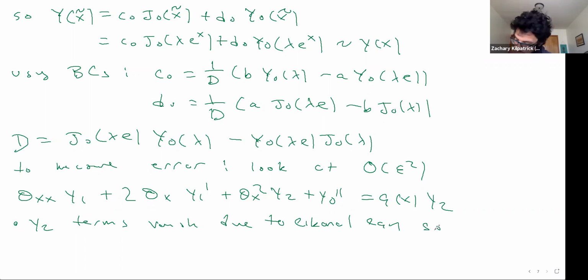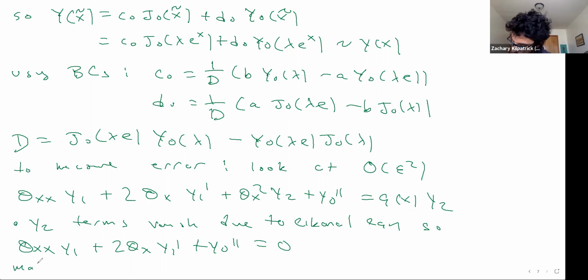So that means that we can really follow up this hierarchy. So we have theta_xx y1 plus 2 theta_x y1 prime plus y0 prime prime. So we just have this inhomogeneous equation for y1.